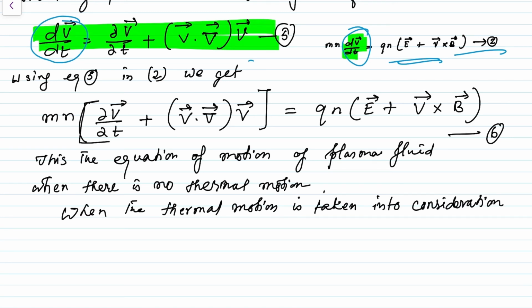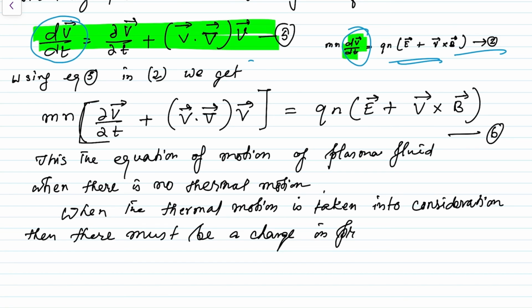then what will happen? Due to the random motion of the particles, there will be a change in pressure. Okay, then equation 6 becomes, because of the addition of the pressure terms, change in pressure.